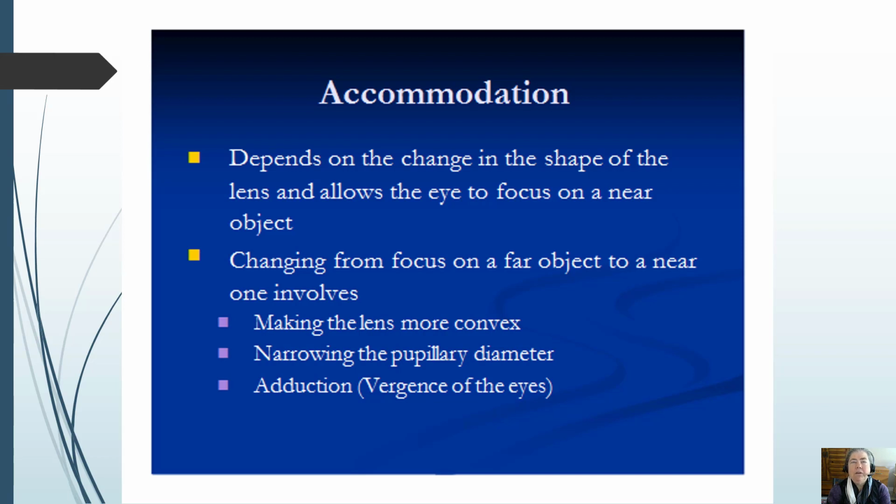When you change your focus from something all the way over there to something right in front of your eyes, your pupils constrict a little bit. Your lens becomes rounder, thicker, more convex. And the extraocular muscles verge. They make you adduct your eyes to look together.